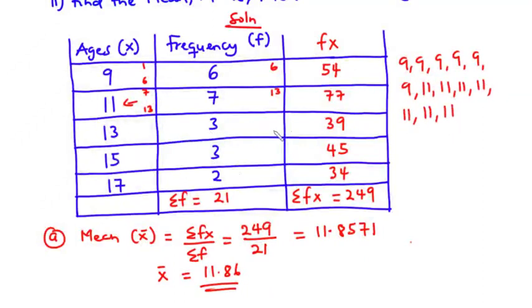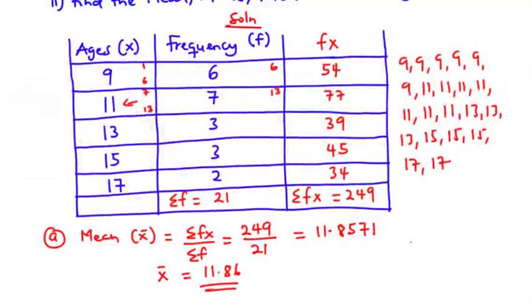We have 13 occurring 3 times. We have 15 occurring 3 times. And then we have 17 occurring 2 times.